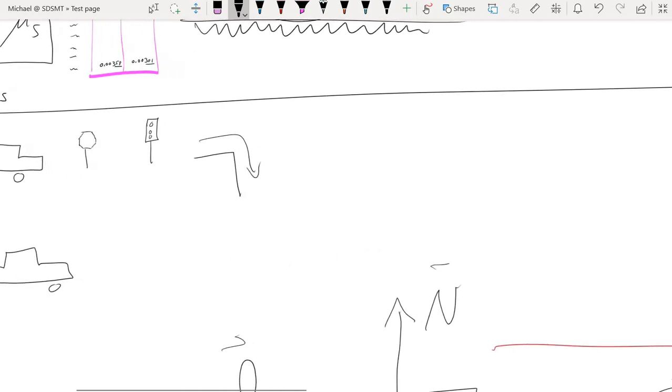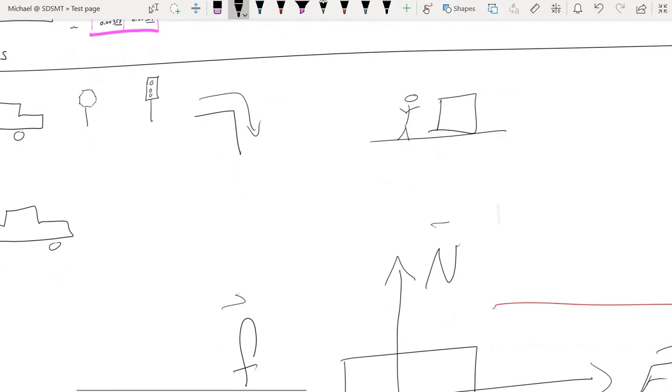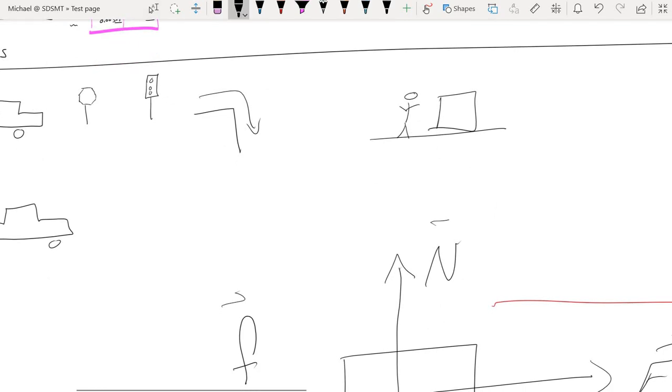A similar analogy is, remember we said you were going to try and push that very, very heavy box across the floor. So you push and push and push, and finally you overcome that static friction. The box starts to slide, and you find that it's actually easier to keep the box in motion and sliding than it is to push it a little bit and stop, push it a little bit and stop.